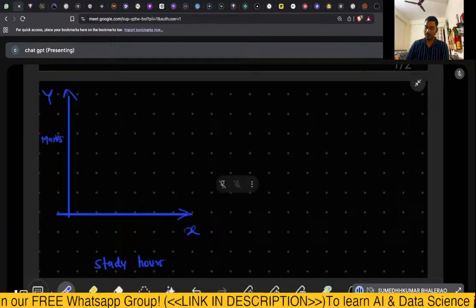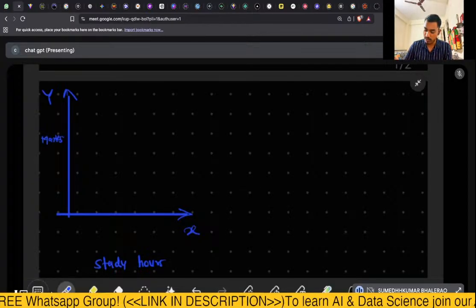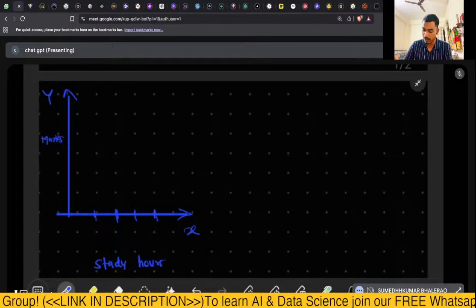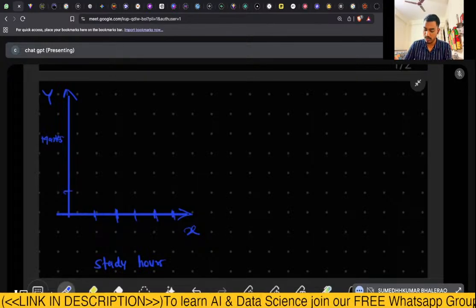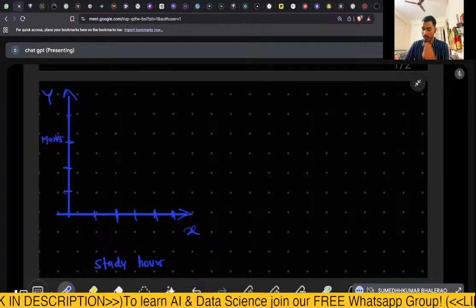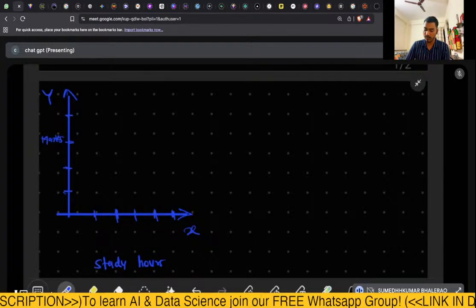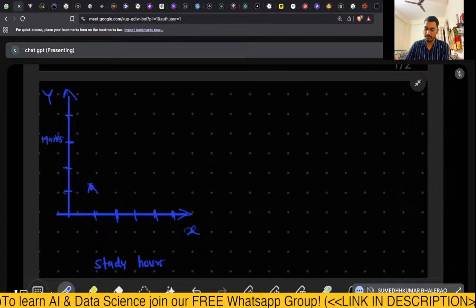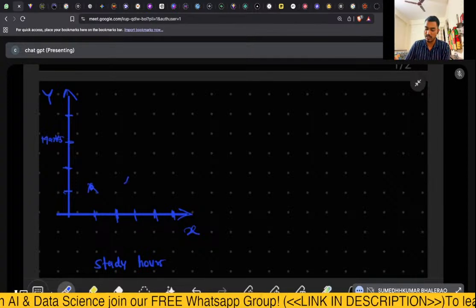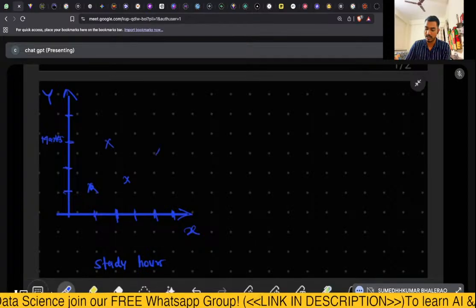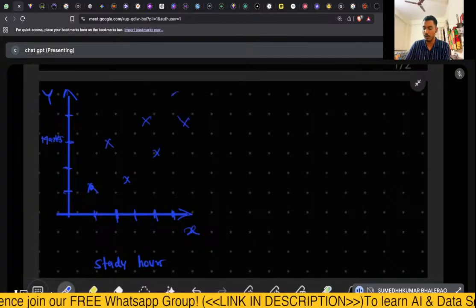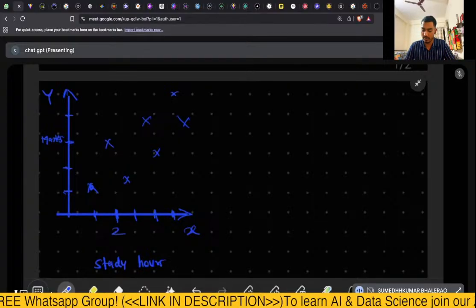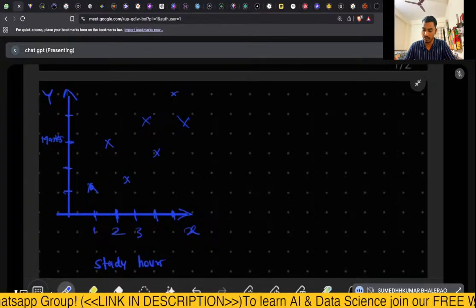So, for example, there are some students, this is 1, 2, 3, 4, 5. This is also 1, 2, 3, 4, 5. Based on these points, let's say for 2 hours, there were some marks the student got. So I plotted all of these.